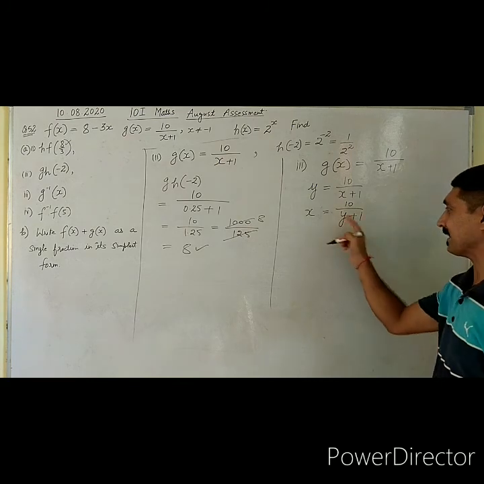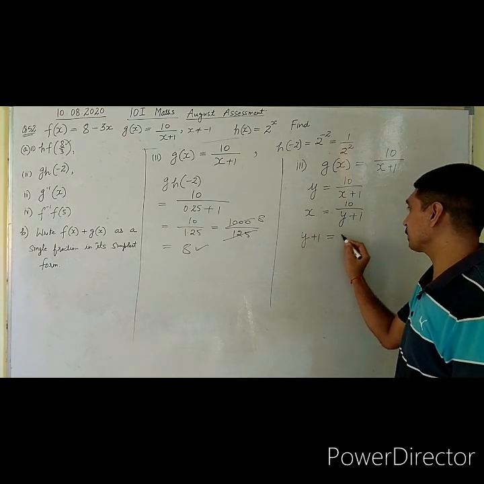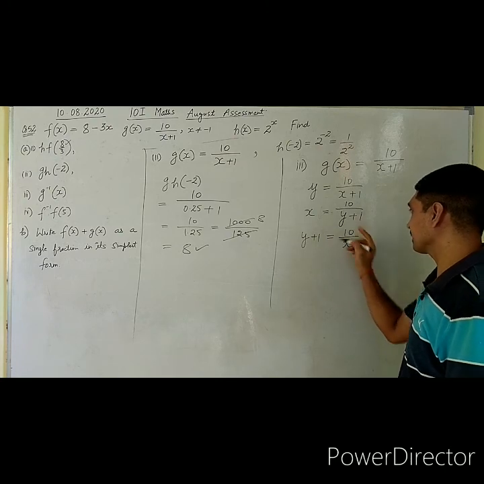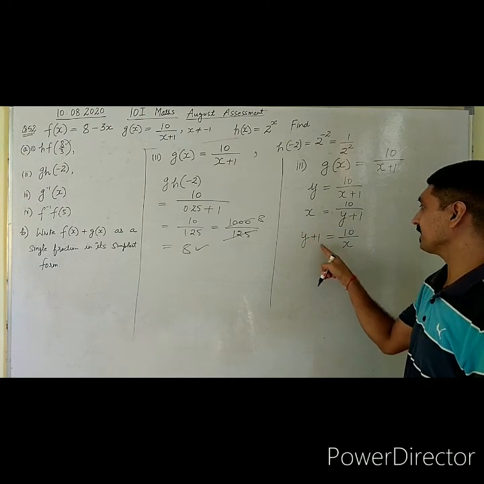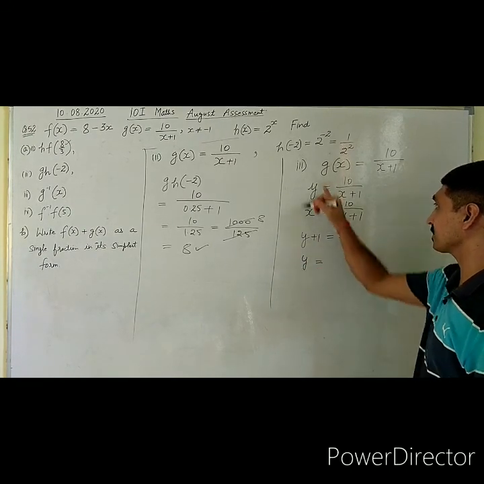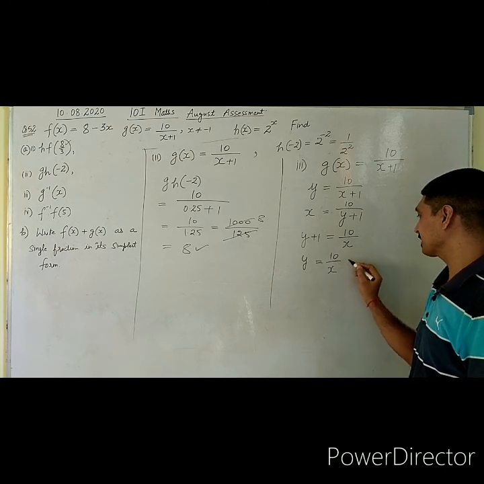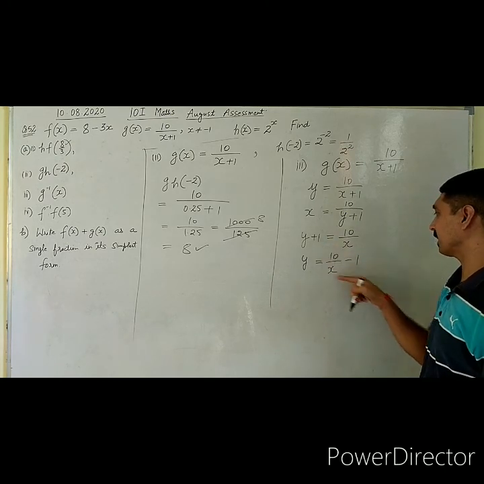When we cross multiply, we get y plus 1 is equal to 10 upon x. Third step, just solve it, and y will become the inverse of this function. So y is equal to 10 upon x minus 1, this plus will become minus.